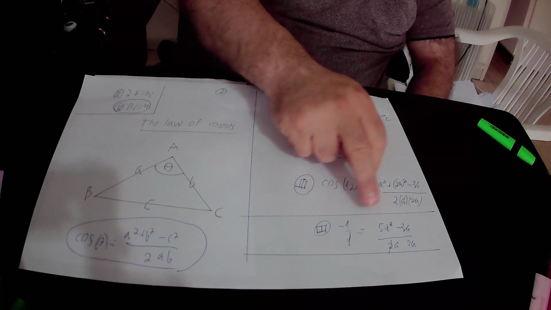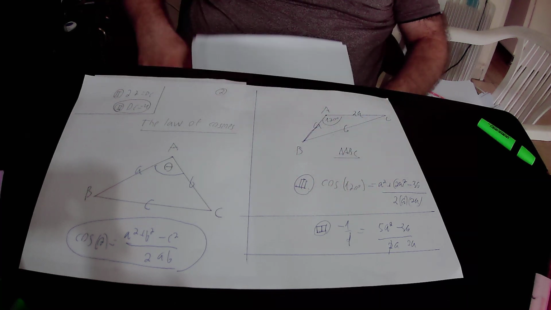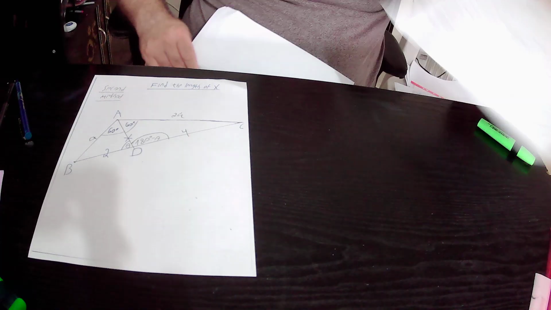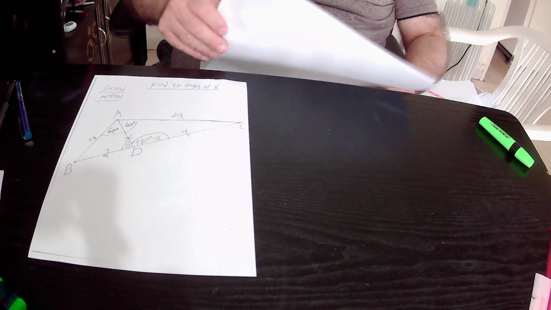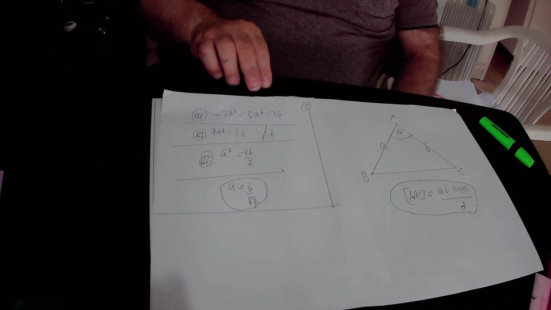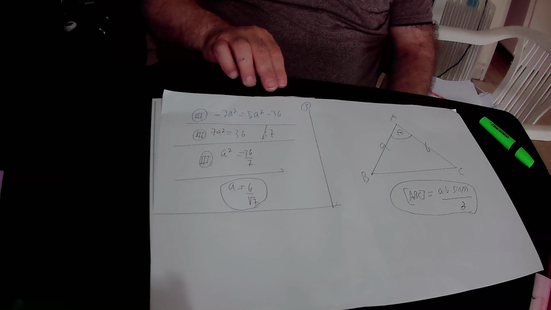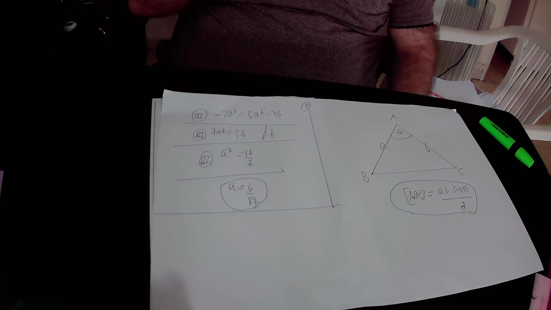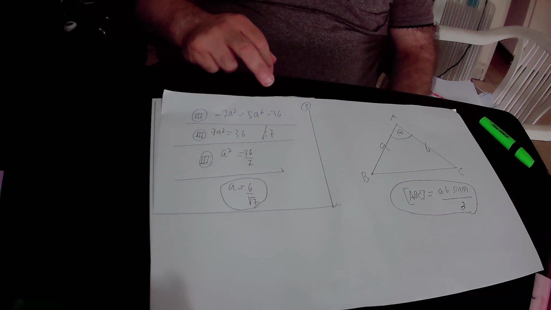We have 2 on both sides of the equation, so 2 will get cancelled, and we are left with minus 2a squared equals 5a squared minus 36. We added 2a squared and also 36 simultaneously to equation number 3.